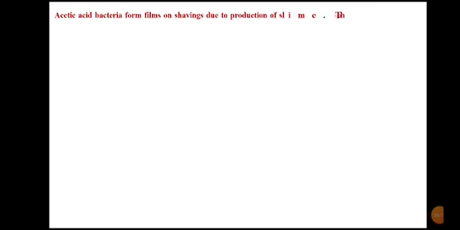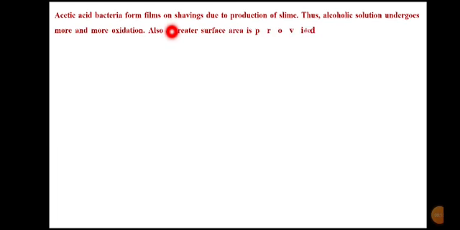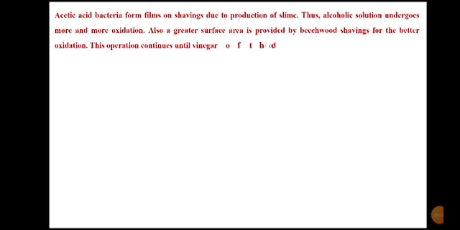Acetic acid bacteria will establish their population in the form of films. These films will be formed on the surfaces of these shavings and they will remain bound to those shavings due to production of slime.